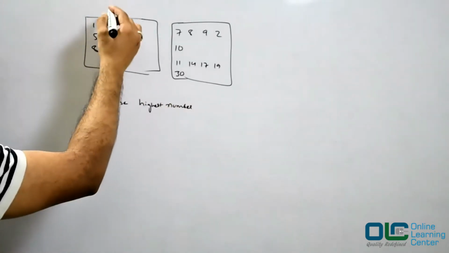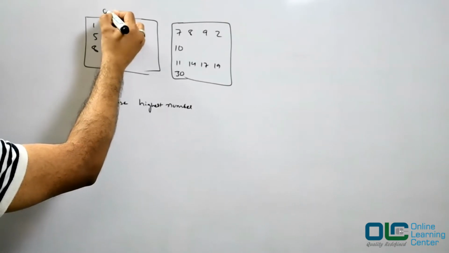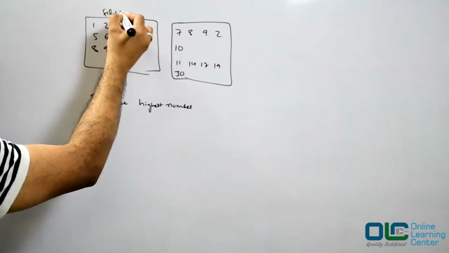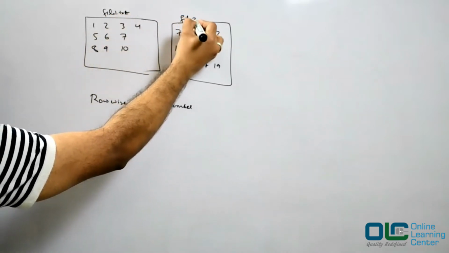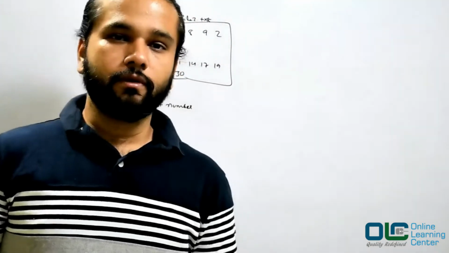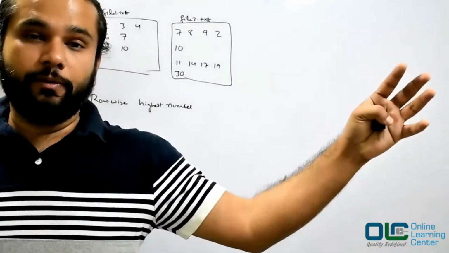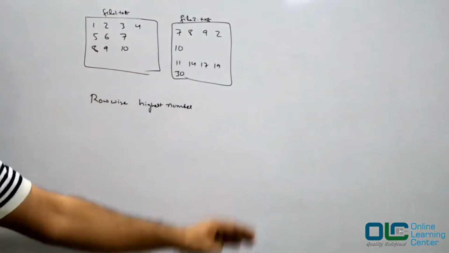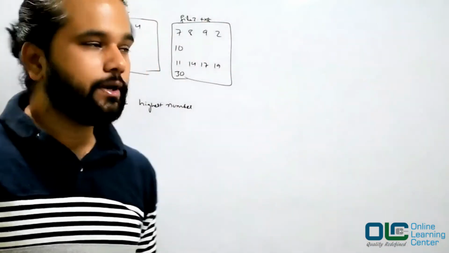So this is my file, file1.txt, and this is file2.txt. Let us assume these files are small, they are not TBs of files, but there would be n number of files. And what is our requirement?